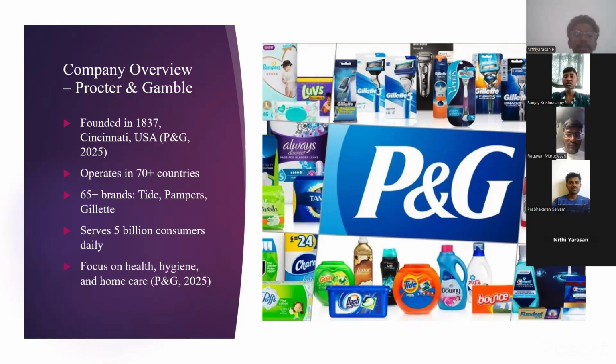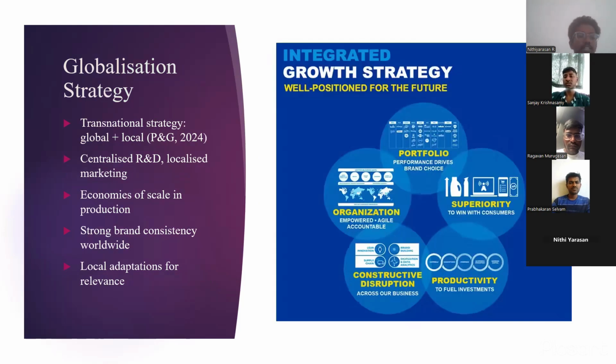This is the company overview and the globalization strategy. Now let's talk about the globalization strategy. P&G follows what is called a transnational strategy, which means they try to balance global efficiency with local responsiveness.